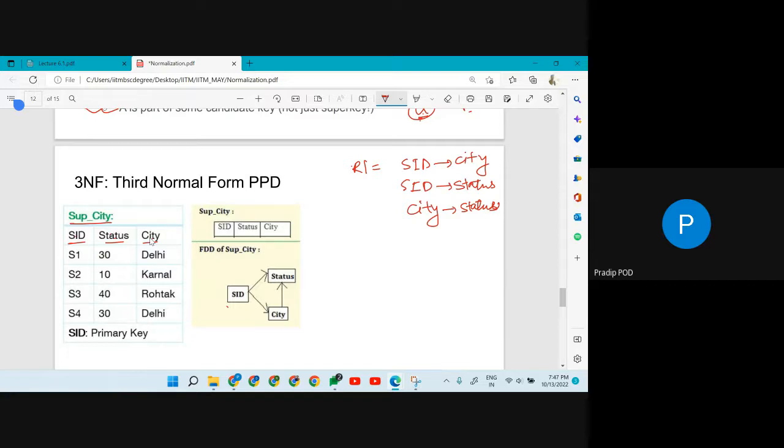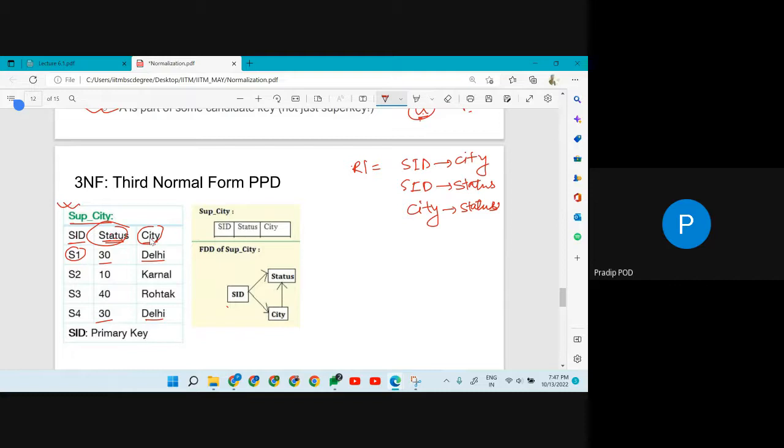Every time we repeat this city, this status gets repeated. So this is one kind of redundancy. In the third normal form, we remove that redundancy also. So this is in the second normal form, but not in the third normal form.